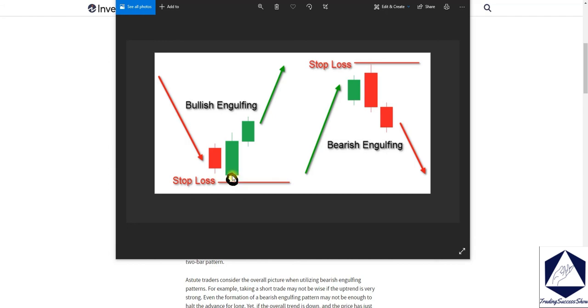This is the lower shadow or lower wick, and this is the upper shadow or upper wick, right? Now if you're looking at the bearish side, this is where your stop loss is going to be, and then you can take your entry right here for the push down. So this is your bearish, this is your bullish.